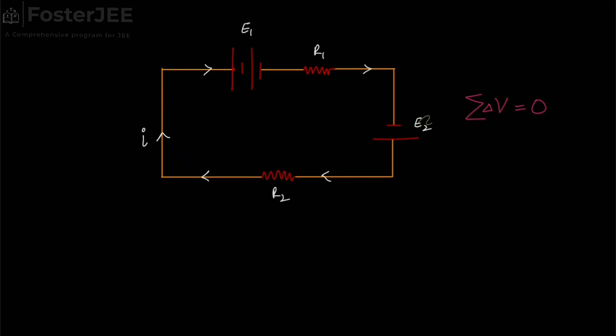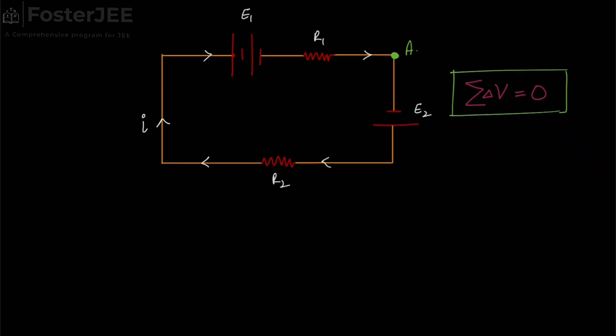Since we are dealing with Kirchhoff's loop law, we have to start from some point. Let's take any point. Let's take this point and name it A. So applying Kirchhoff's loop law in this loop, we will start from VA, and then we will move.